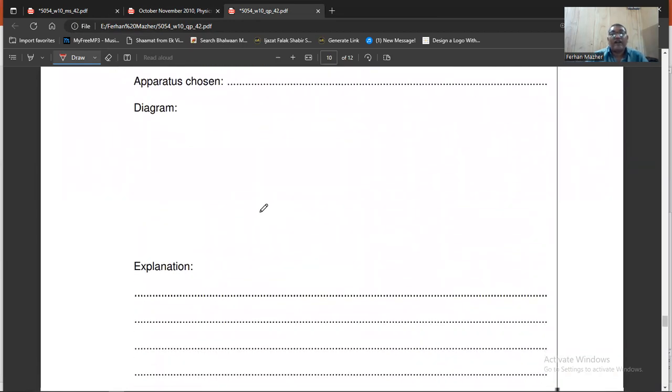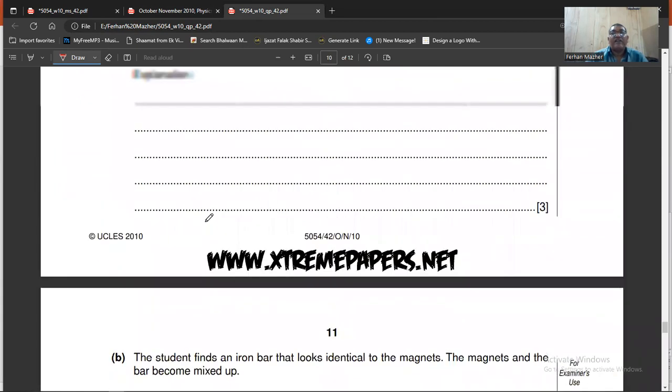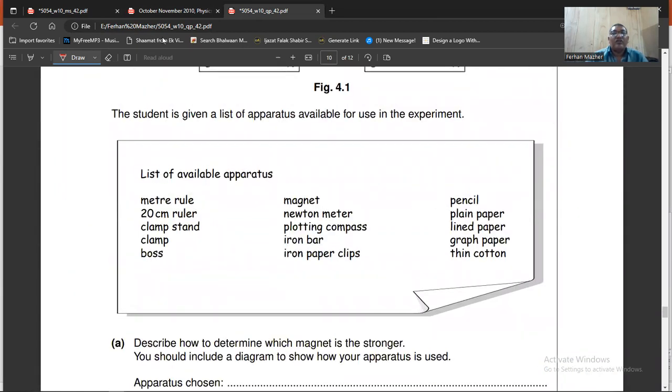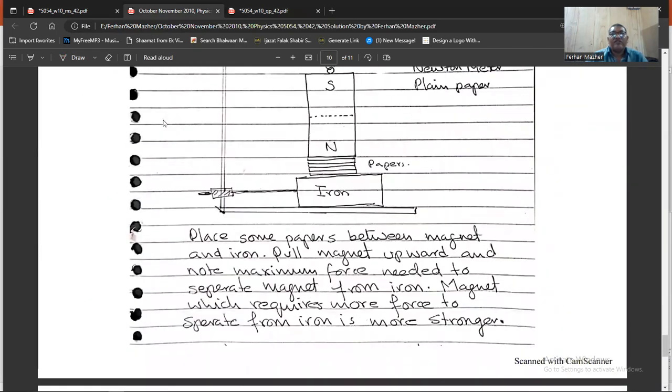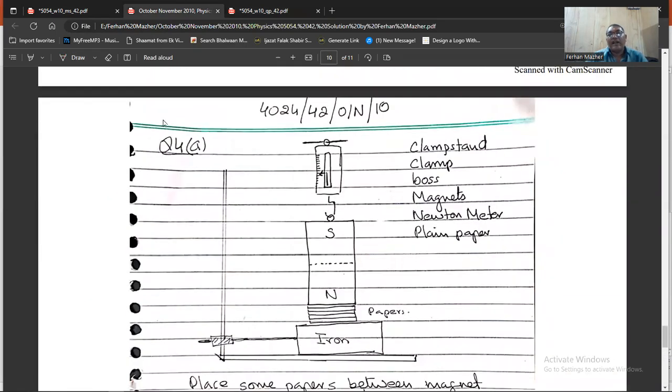Apparatus chosen, then diagram, and then explanation. It's a 3-mark question, a simple experiment. This is the diagram: the clamp stand, clamp, boss, magnets, Newton meter, plain paper. So with the help of a clamp stand, I will hold a piece of iron.